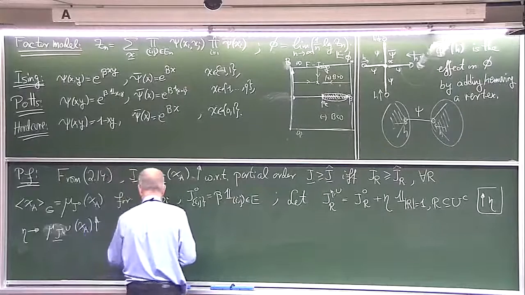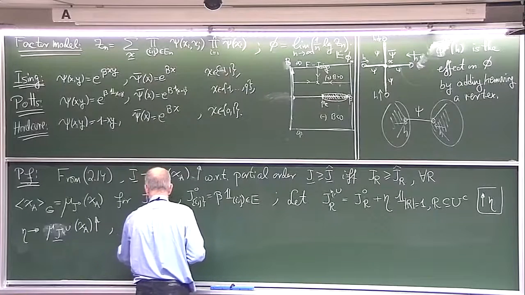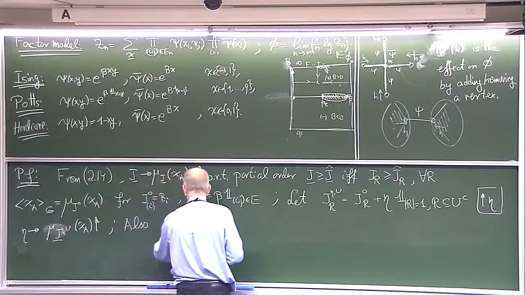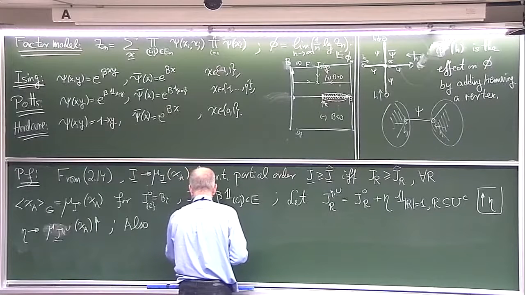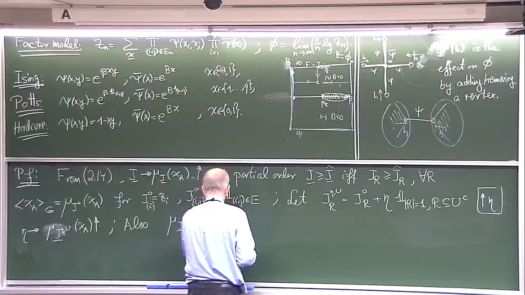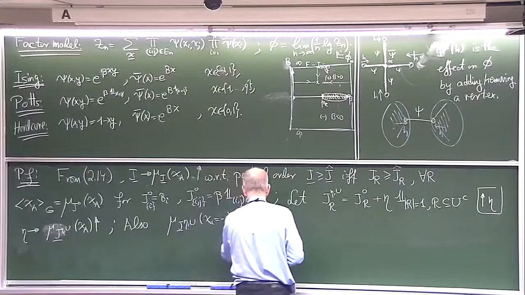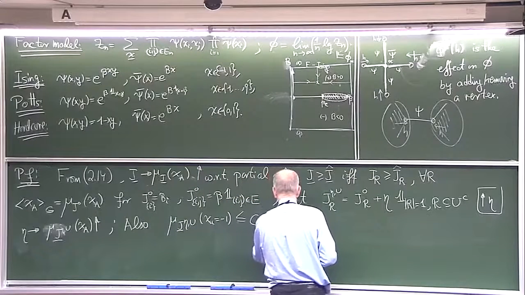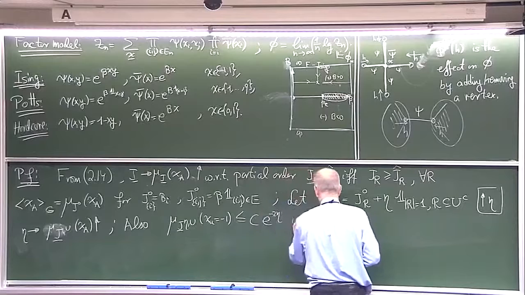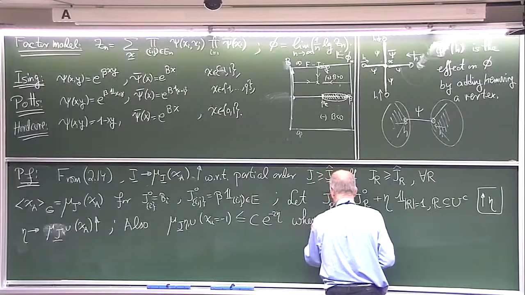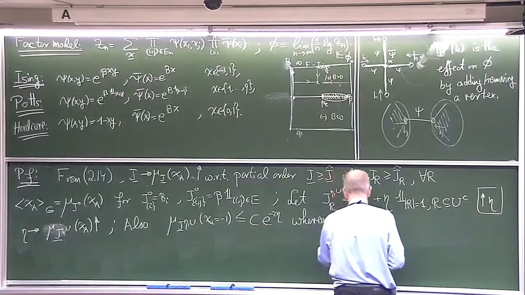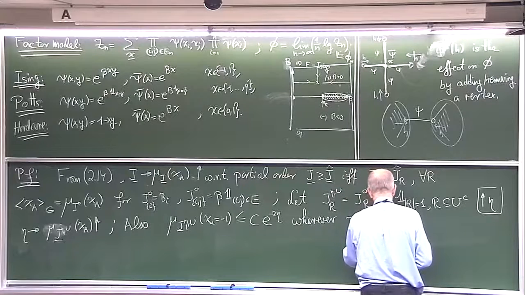And I also claim that mu J eta U of x being minus 1 is very small whenever you are not in U.